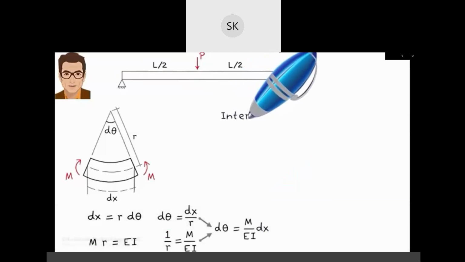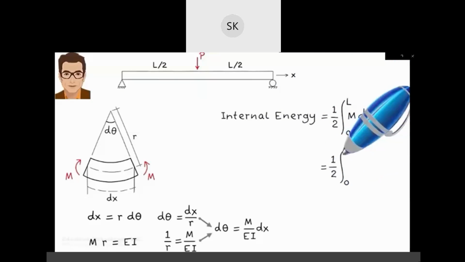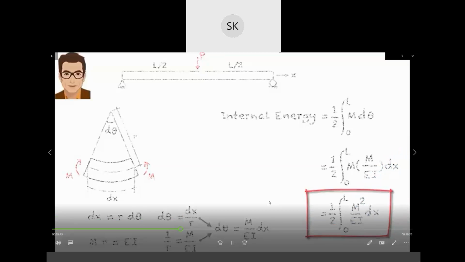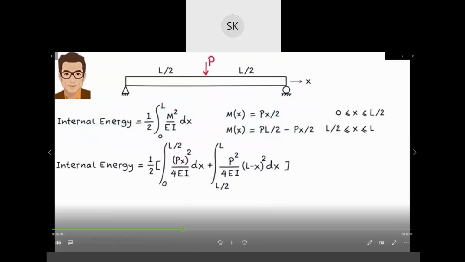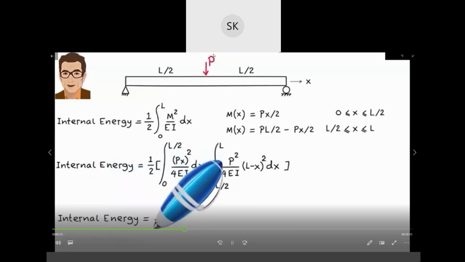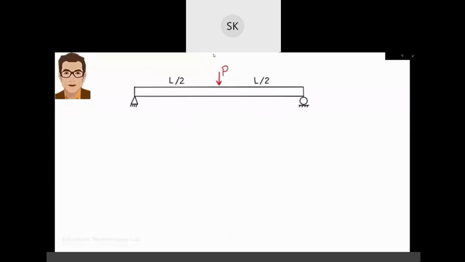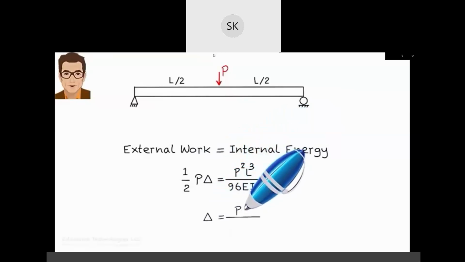Now we can write, for our simply supported beam, assuming a constant EI for the beam, we can write, or, therefore the expression for the work energy principle becomes, we can use this equation to determine delta.